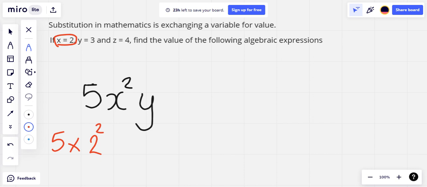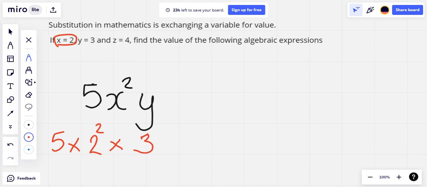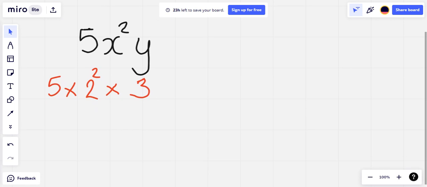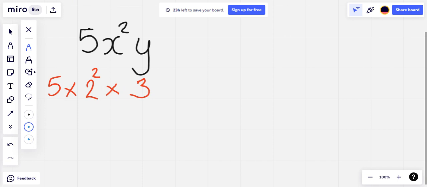Remember, this is an exponent, guys. And of course, we multiply it by y, which represents 3. All right, let's go. We can now solve. So we work the exponent first. 2 squared, which is 2 times 2.